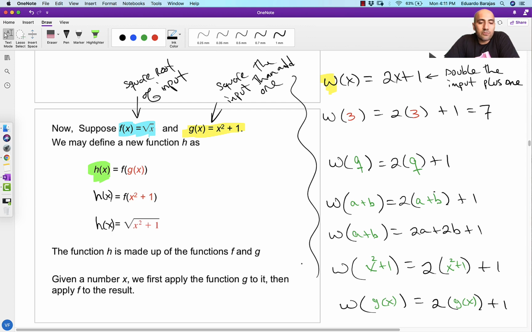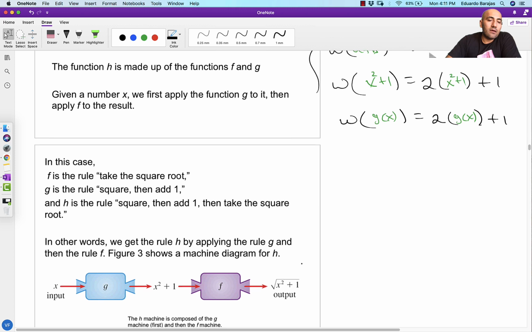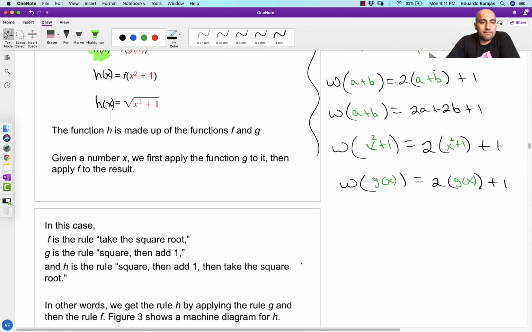Given a number x, we first apply the function g to it, then we apply the function f to it. In this case, f is the rule take the square root. g is the rule square, then add 1. And h is the rule square, then add 1, then take the square root. So that's the function h. Take the input, square it, add 1, and then take the square root of the whole thing.